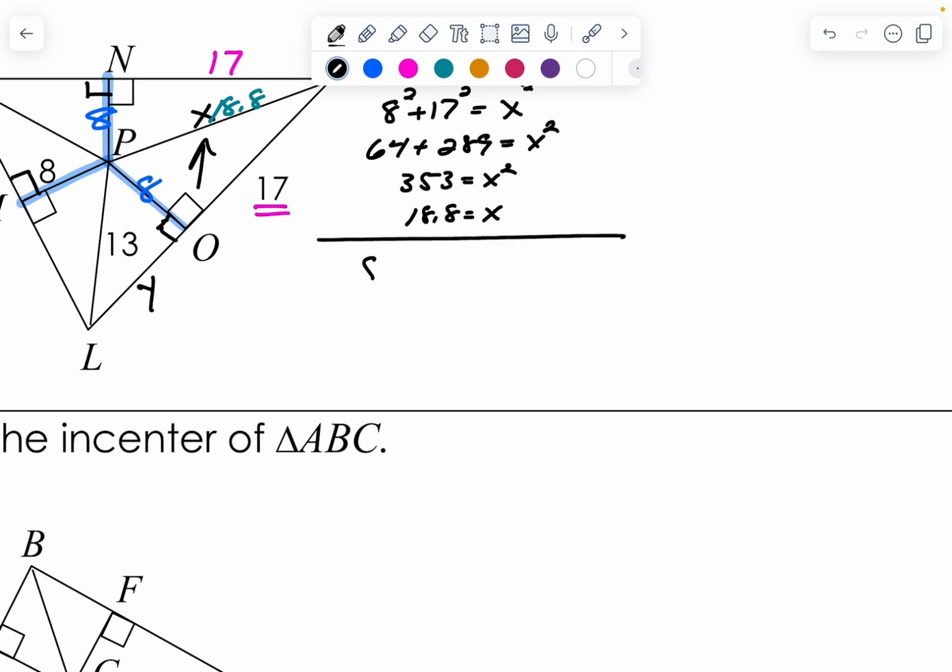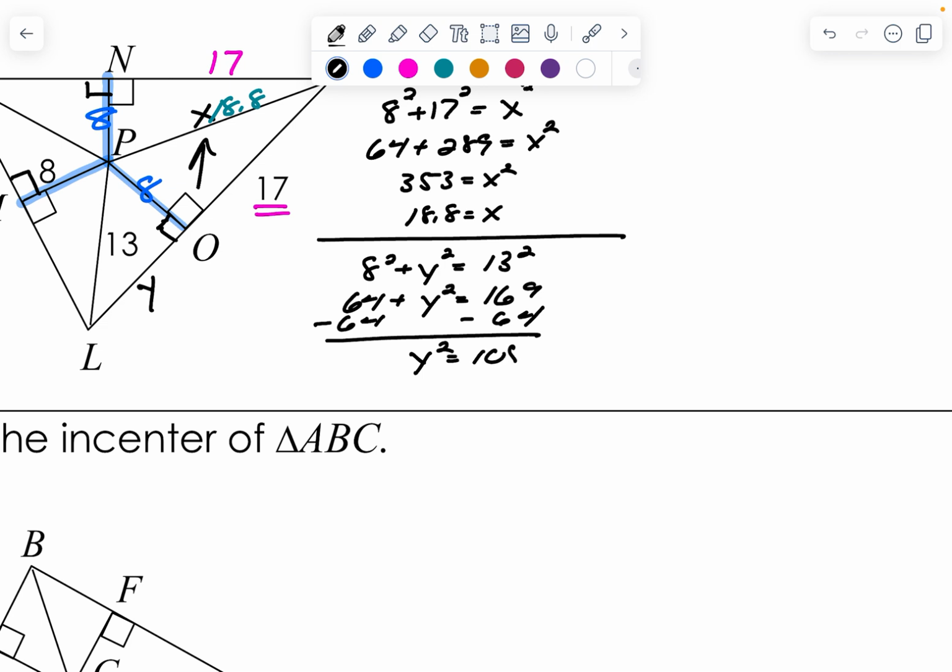So we're going to go 8 squared plus y squared equals 13 squared. 64 plus y squared equals 169. y squared equals 105. Square root. And looks like we get y is equal to 10.2. So this is 10.2.